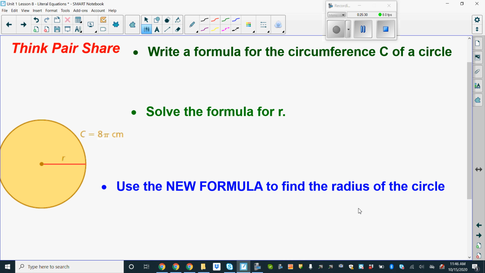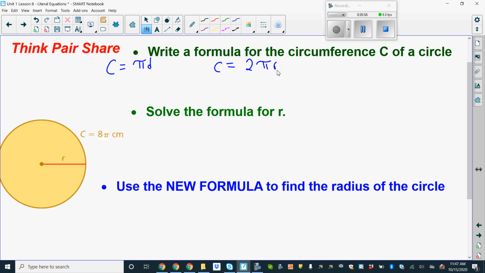Here's another one. Now we're talking about a circle. So a circle has a circumference that is going to be C equals 2 pi r. Now, we're going to use this formula and not the circumference formula, pi times diameter, because they're giving us, if you look at your picture, the radius, and they're asking us to solve for r.